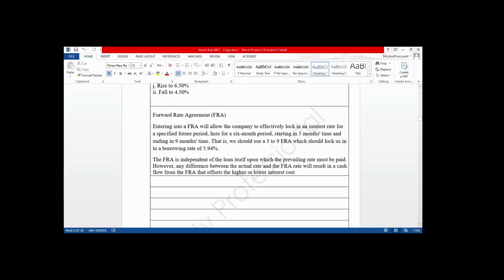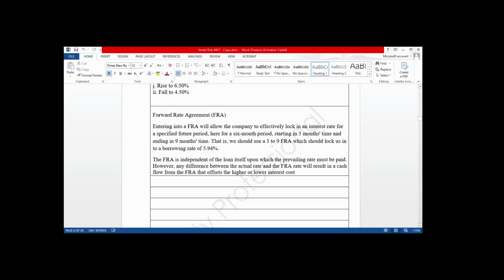We allow the company to effectively lock in an interest rate for a specified future period. Here, for a 6-month period, starting in 3 months' time, ending in 9 months' time.